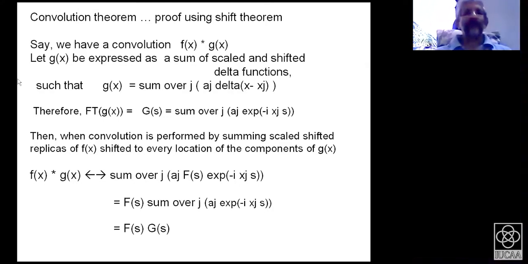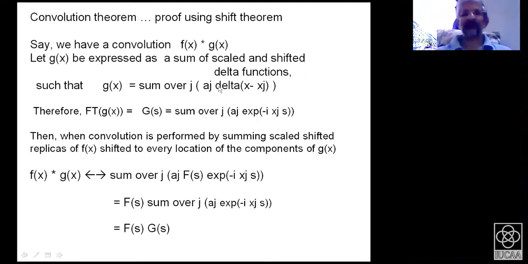So if we have, let's say, a convolution of f(x) with g(x), let g(x) be expressed as a sum of scaled and shifted delta functions. So let's write g(x) as a sum over some j, where the amplitude of the function at x_j is written here. And of course, the delta function has to be located at x equal to x_j.